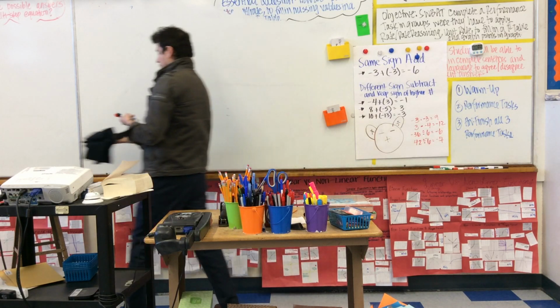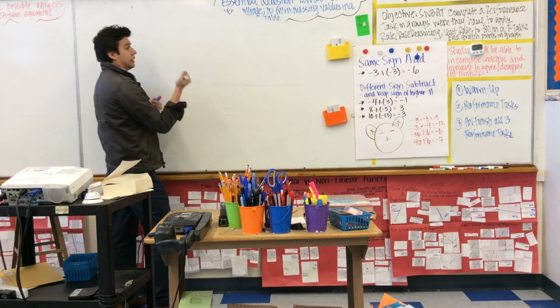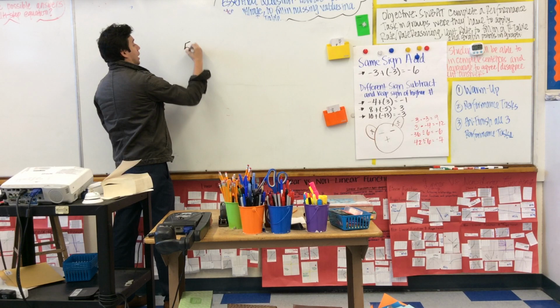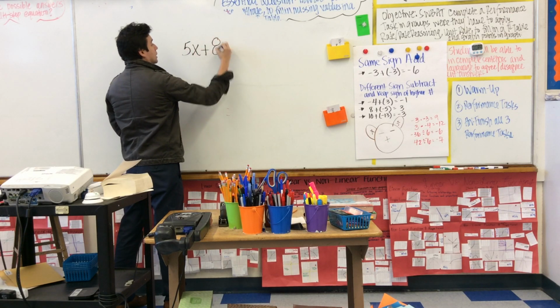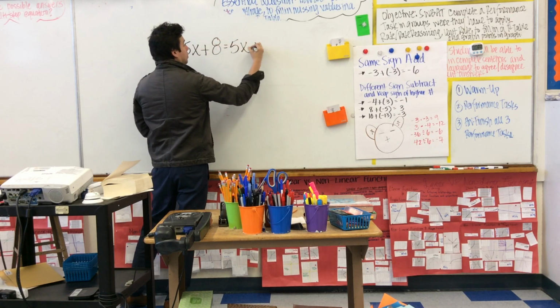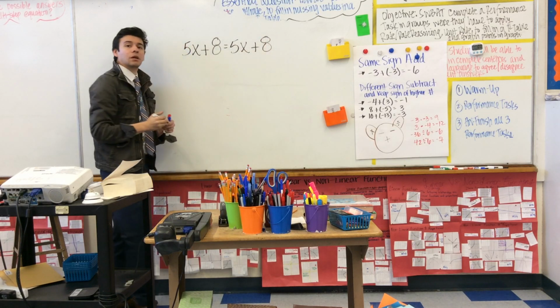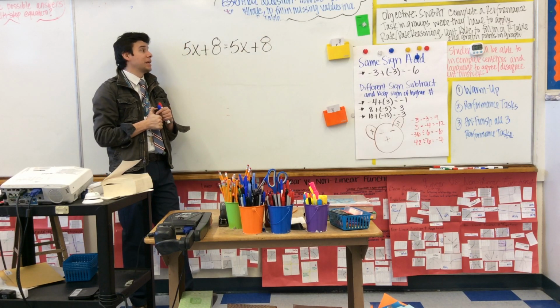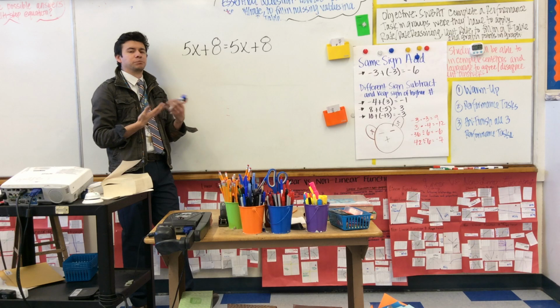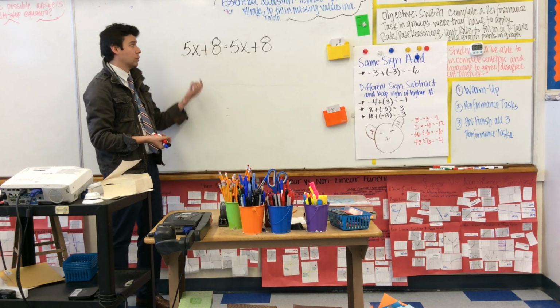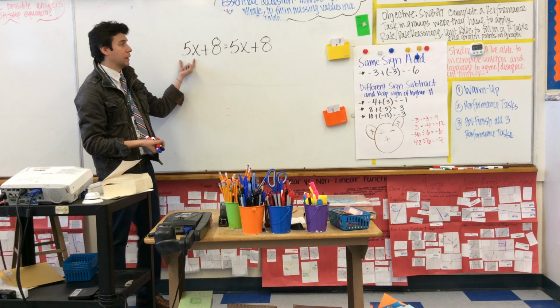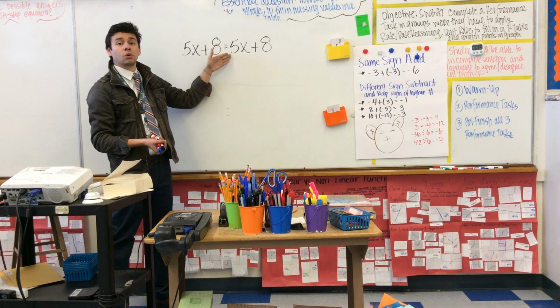Copy these down. Let's say it is 5x plus 8 equals 5x plus 8. Right off the bat, you should be able to see that this looks special. There's a special case. What do you notice? Hopefully you're like, well, there's the same variable and the same coefficient in front.